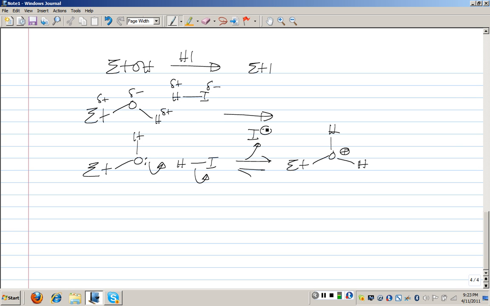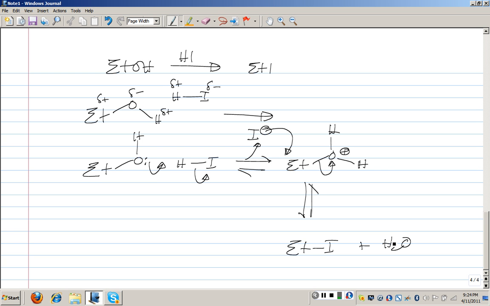Well, I minus is an excellent nucleophile. So since I need to make an ethyl iodine bond, I can have the ethyl be attacked by the iodide, and I will lose water and generate my product, which is ethyl iodide, and I'm going to lose H2O.